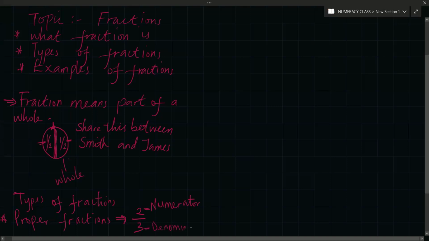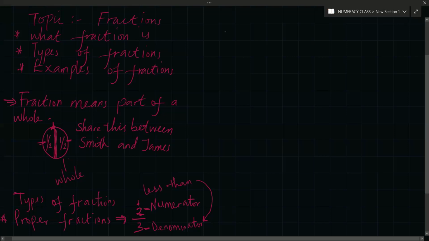So in a proper fraction, the numerator, that is the one on top, is always less than the denominator, the one down below. So that is that about proper fraction.